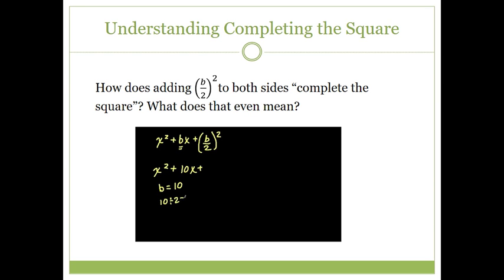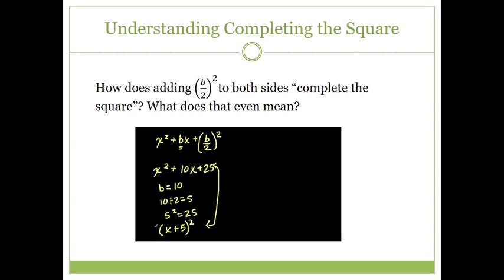So 10 divided by 2 is 5, and 5 squared is 25. And then by writing in 25, we've completed the square, which means, of course, we can factor this really nicely by just writing x plus 5 and then squaring that. Because x plus 5 times x plus 5 will give you x squared plus 10x plus 25.